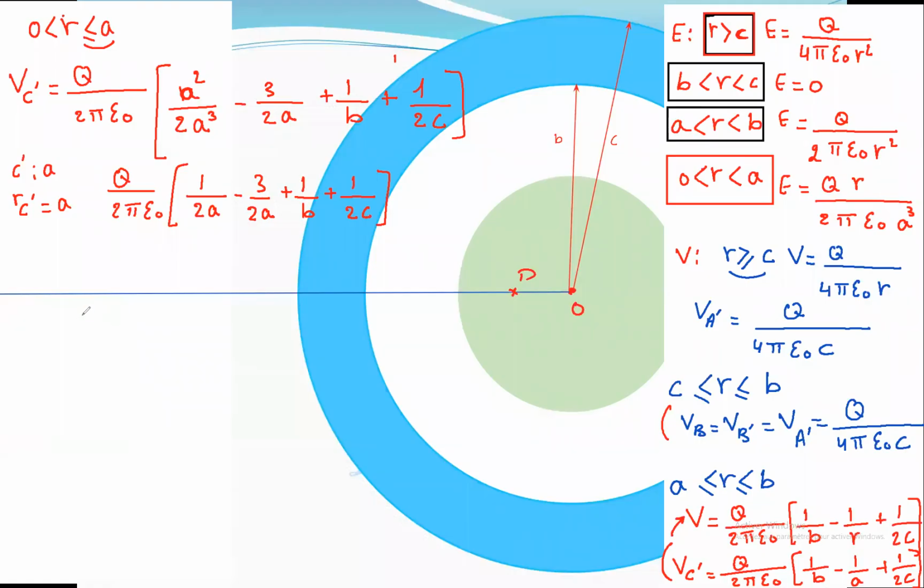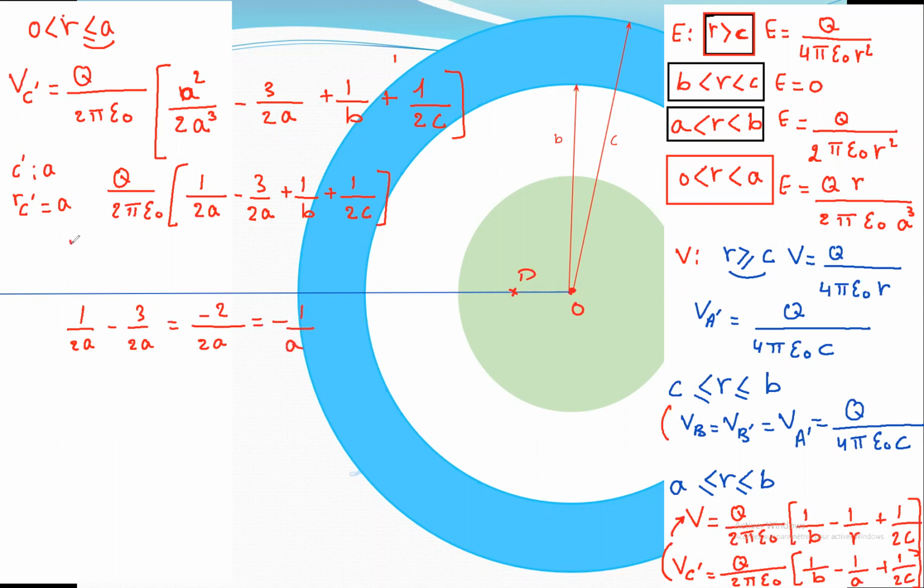So we have 1 over 2a minus 3 over 2a, 1 minus 3 equals minus 2, so equals minus 1 over a.